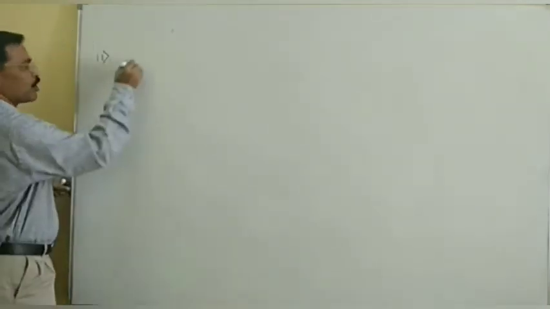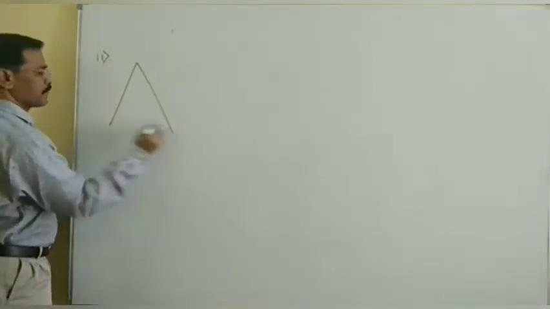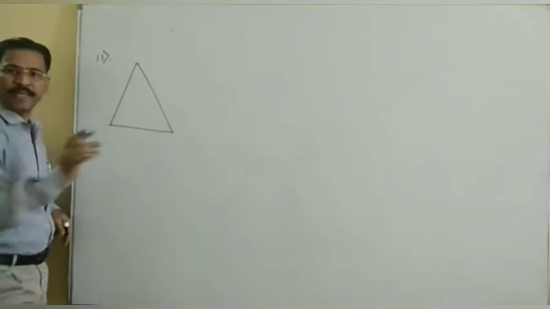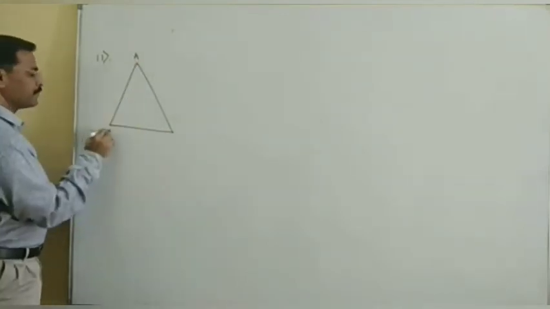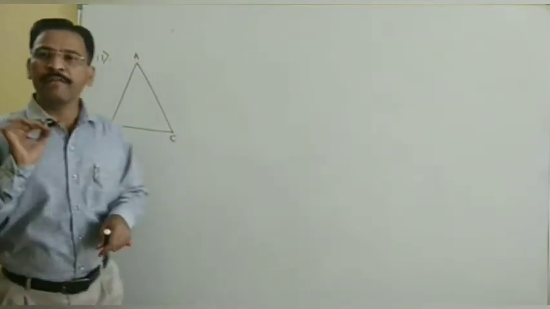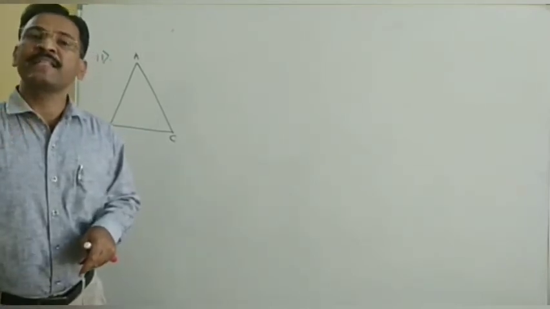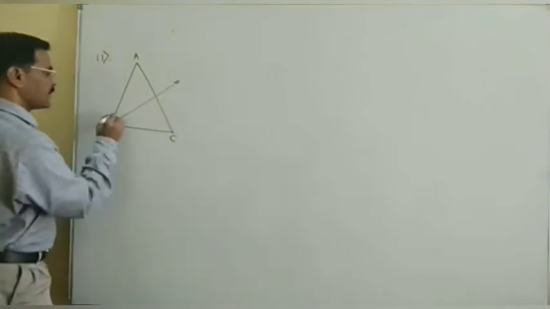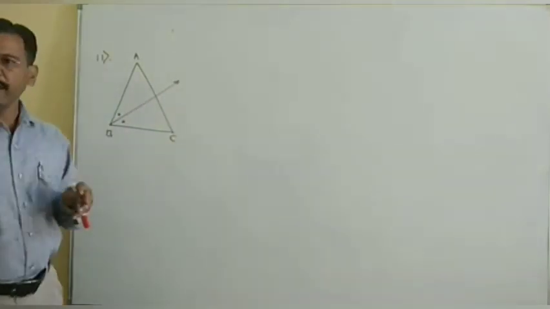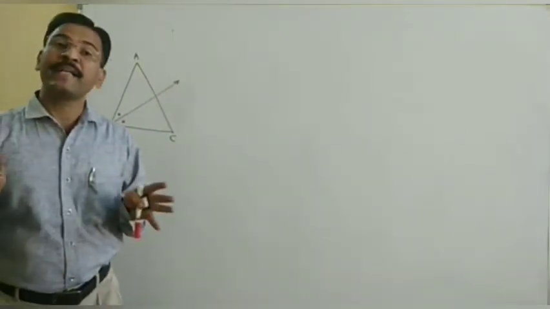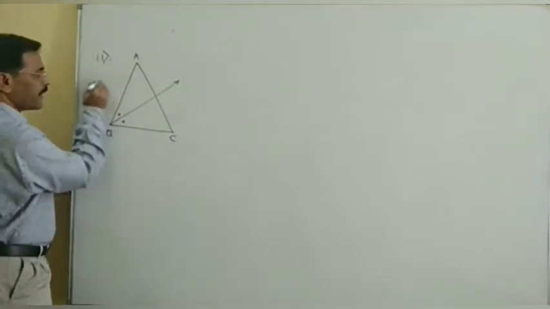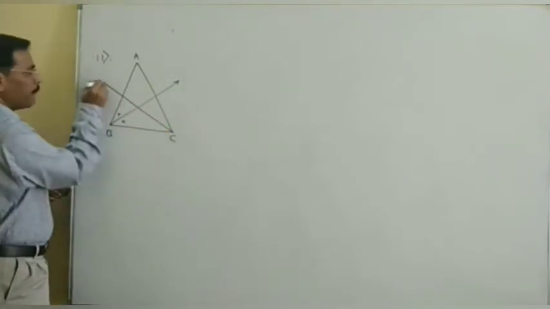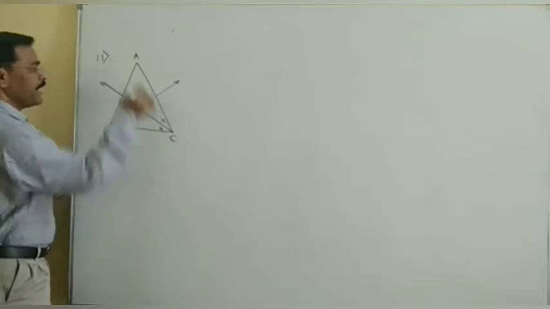See here, we'll draw the figure first. ABC is a triangle in which what are given to us? Ray BD bisects angle ABC, and ray CE bisects angle ACB.